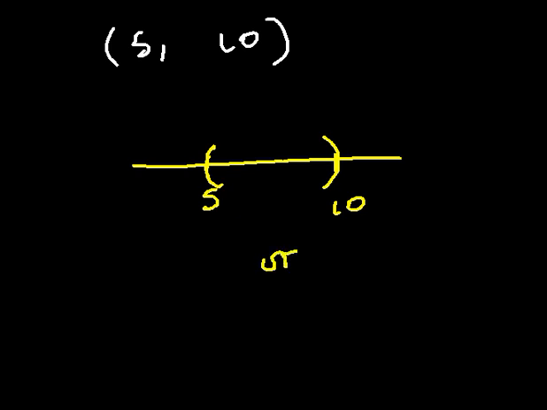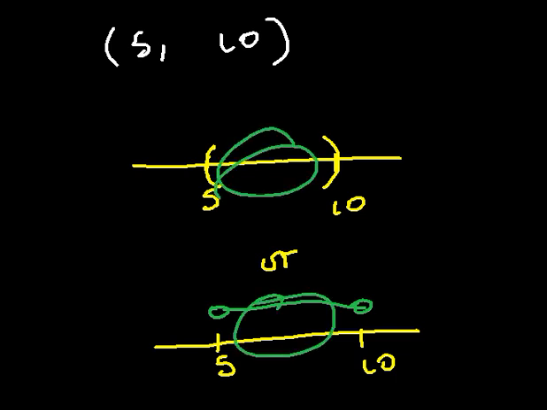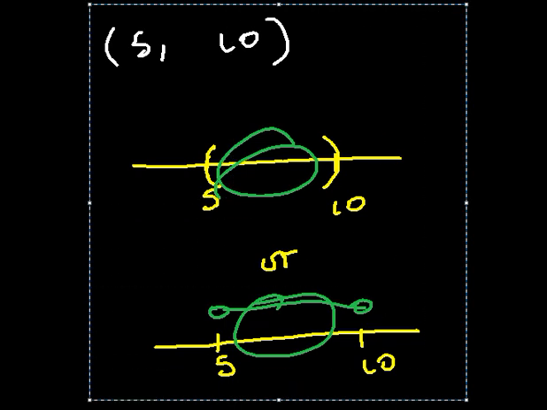Or we can present it as this: have 5 and 10, and present open dots. These unshaded dots show that 5 and 10 are not part of the interval. So you can choose to present the interval on the number line like this, or like that. Whichever way, the principle behind it remains the same.